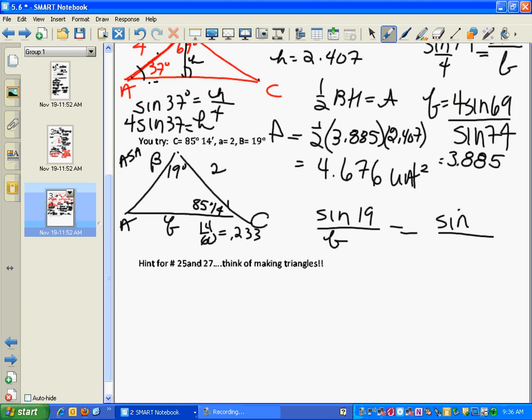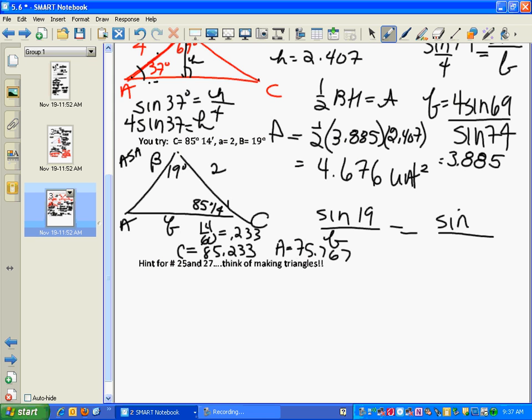So C is really 85.233. What does that make angle A then? Well, they all have to add up to 180, right? So 180 minus 85.233 minus 19, what does that give you? 75, hold on, 75 point who?